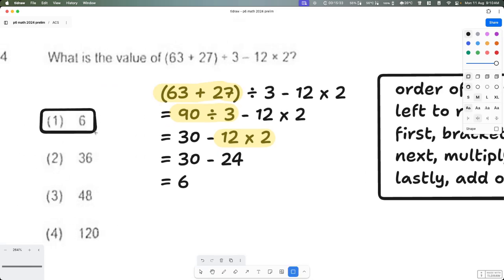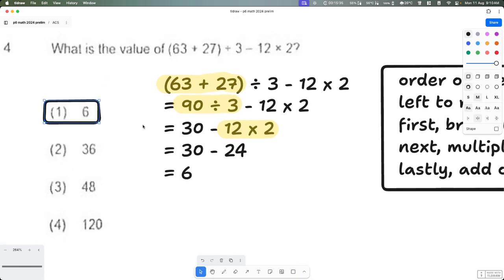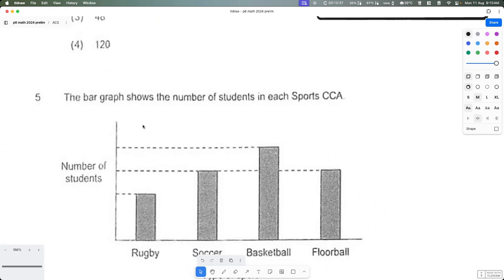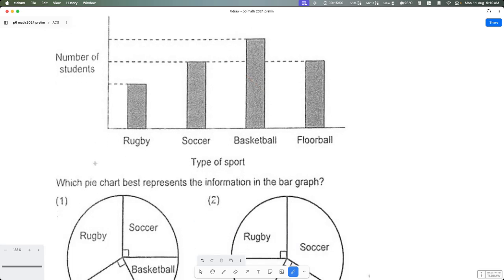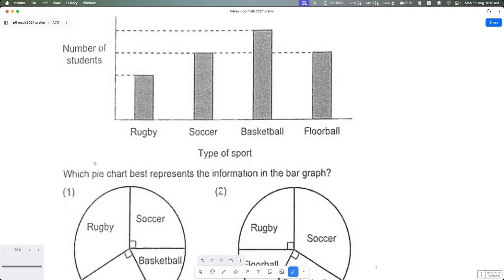So option number 1 is the correct answer. All right, let's move on to question number 5. The bar graph shows the number of students in each sports CCA. We have rugby, soccer, basketball, and floorball. Which pie chart best represents the information in the bar graph?